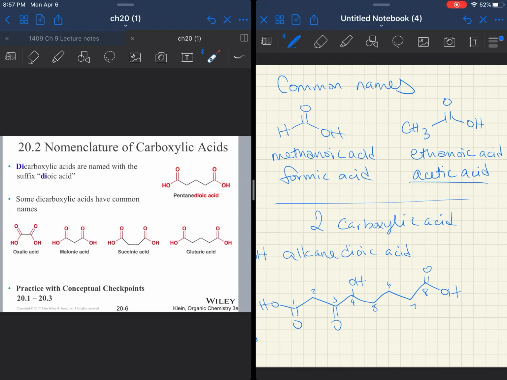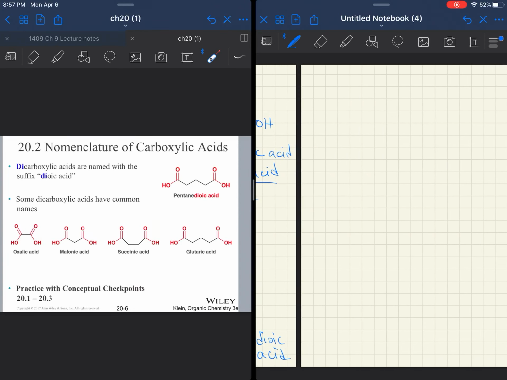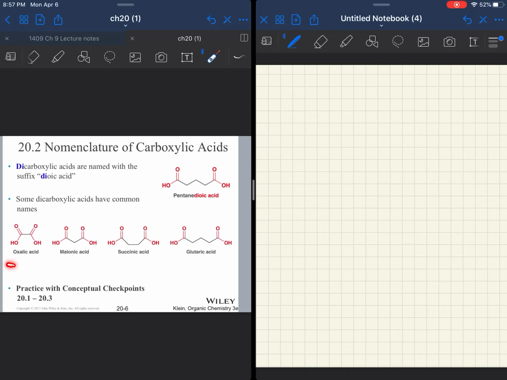So I'm going to number to give the lowest locants possible to the tiebreakers here. 6, 7, 8. So I have an octane dioic acid. I have a hydroxy group on 4, so it's 4-hydroxy. And I have an oxo on 3. And then octane dioic acid.